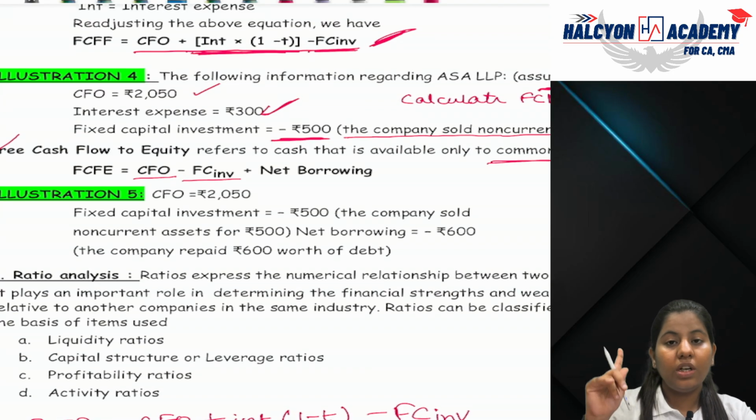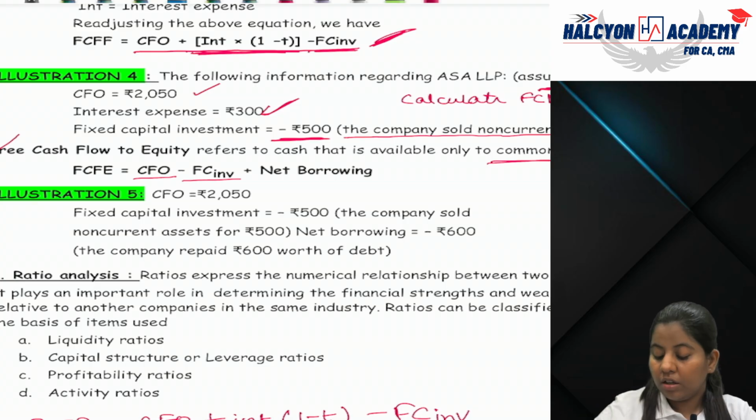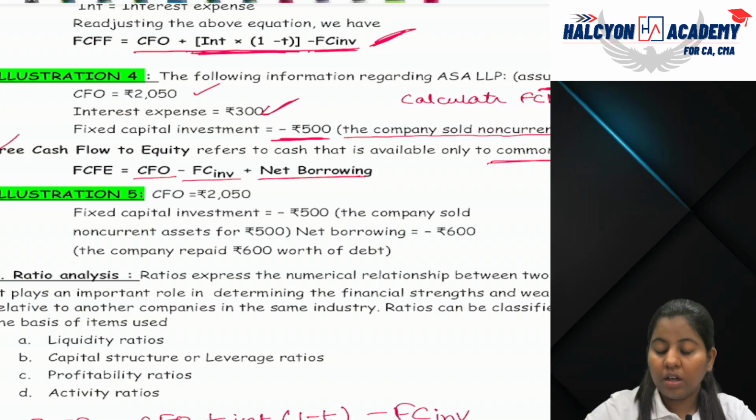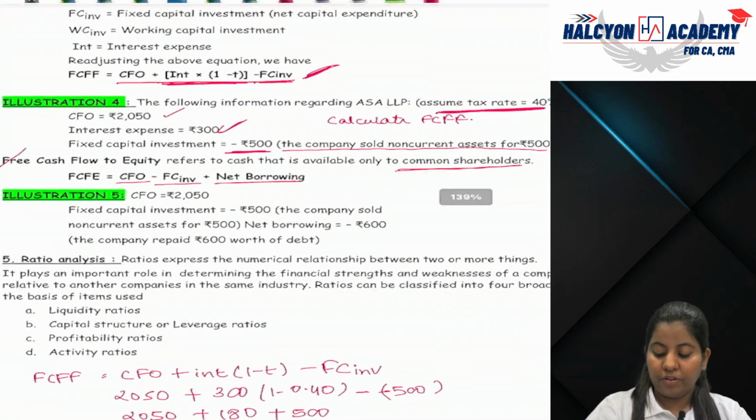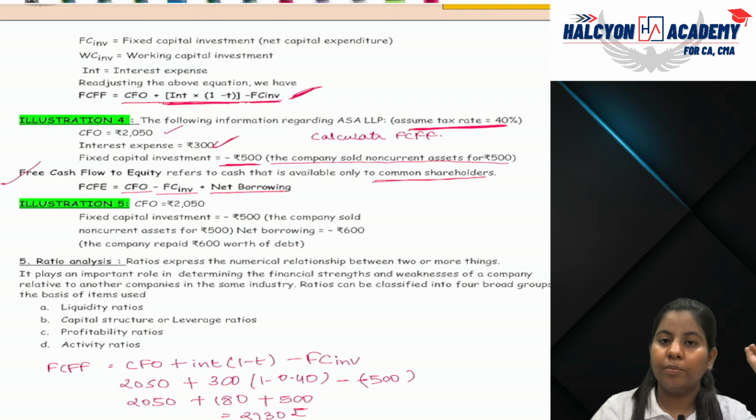Now the change is only one thing. We have to add the net borrowing. Why? If we have borrowed something in the current year, we have debt, and we have to add it here.